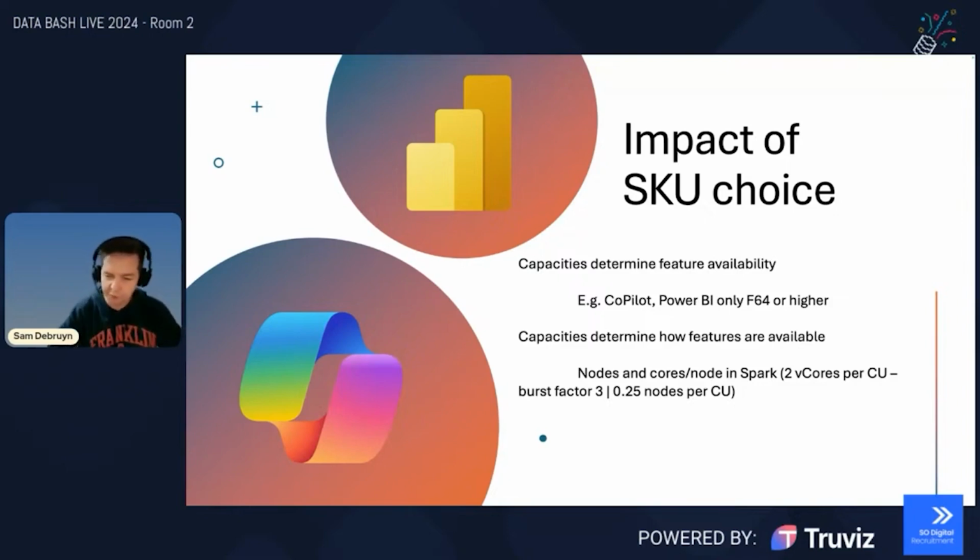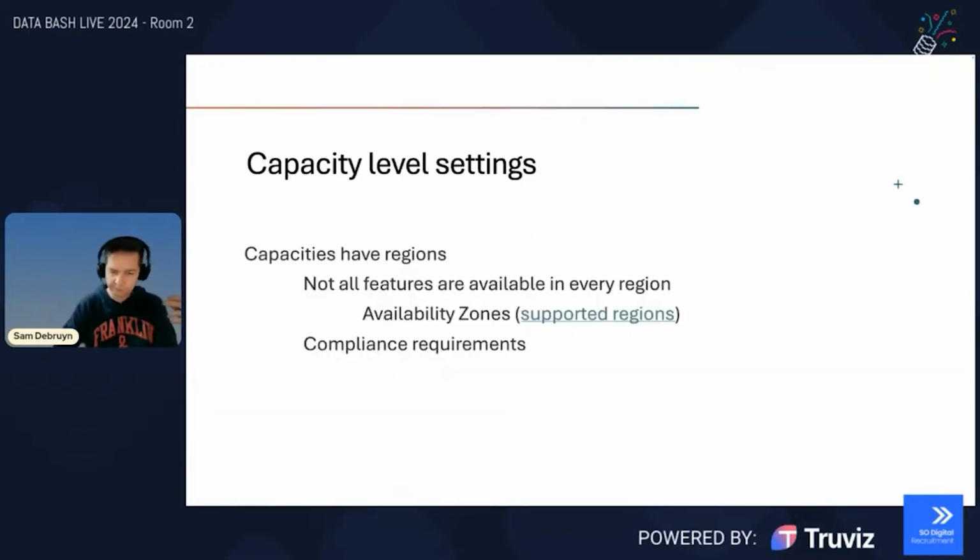But the maximum amount of nodes is also determined there. And there's also a burst factor of 3, meaning that you can do 3 of these workloads at the same time in total. That's what the burst factor does. So capacities say how many capacity unit seconds you have, which features you have, and then also for Spark jobs, how powerful your Spark jobs can be and how fast they run.